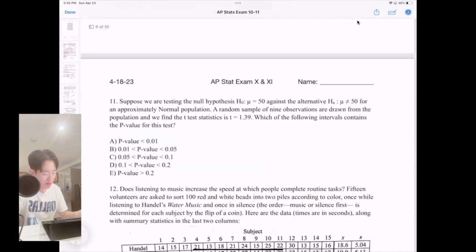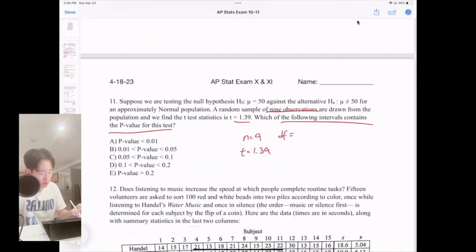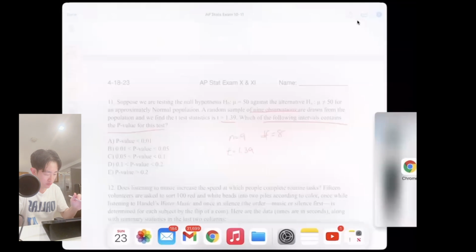Suppose we're testing the null hypothesis mu is 50 versus mu is not 50 for a normal population, and t is 1.39. Which of the following intervals contains the p-value for this test? Okay, 9 observations, so we can find the degrees of freedom would be 8, and it seems like we have to use tcdf for this.